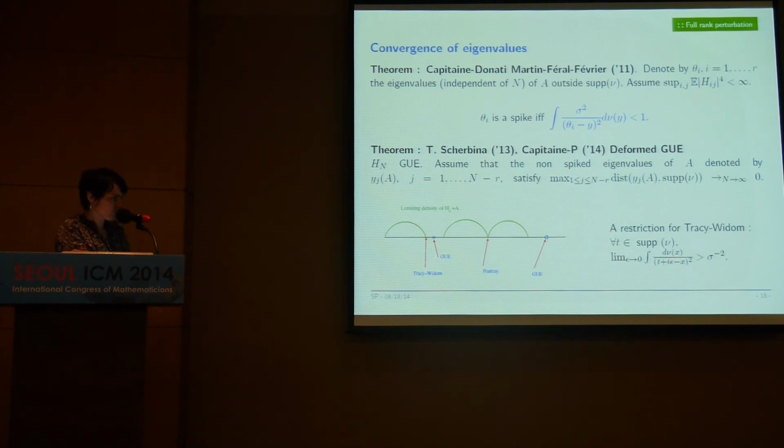And the reason is that this condition is not true when the density nu vanishes too fast, actually. So there are some new phenomena in the deformed GUE in the full-rank perturbation case, and so far there does not exist any extension to other ensembles of non-Gaussian random matrices.